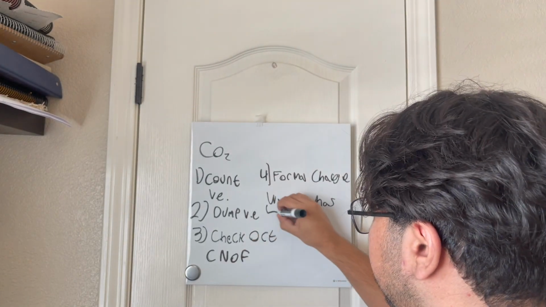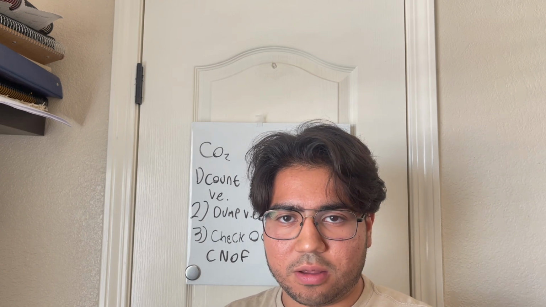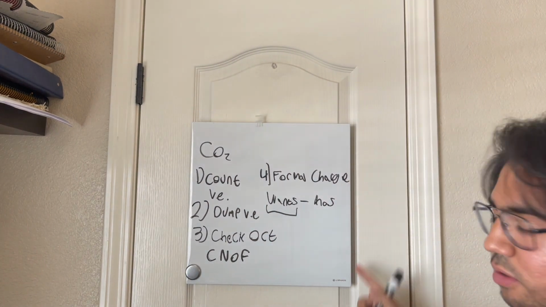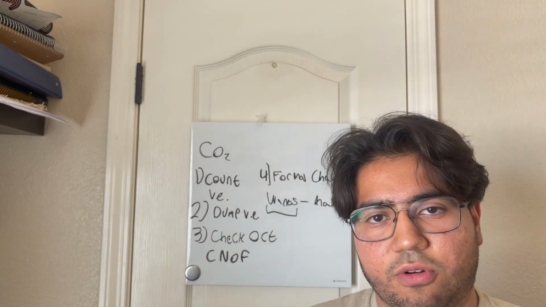By once, I mean how many valence electrons does an oxygen atom want, minus how many valence electrons the oxygen atom has around it in the current structure. Right now it's a little confusing, right? But if we go into just some problems, you'll see that it'll follow this structure. So let's go ahead and get into drawing the Lewis structure for carbon dioxide.